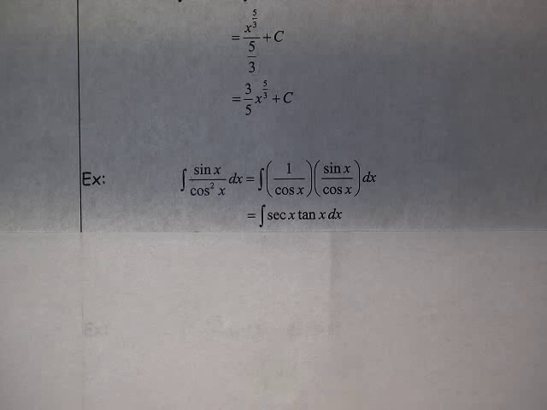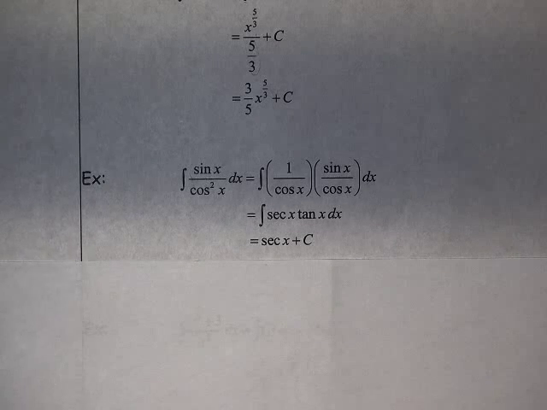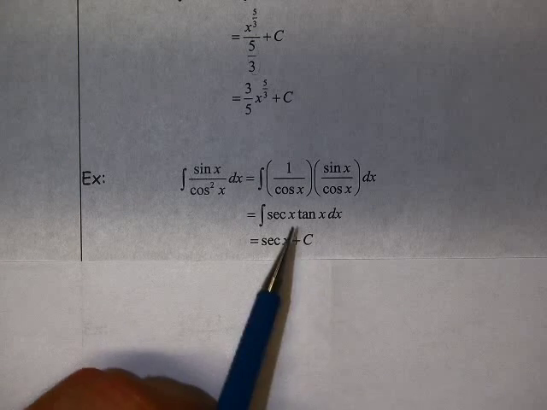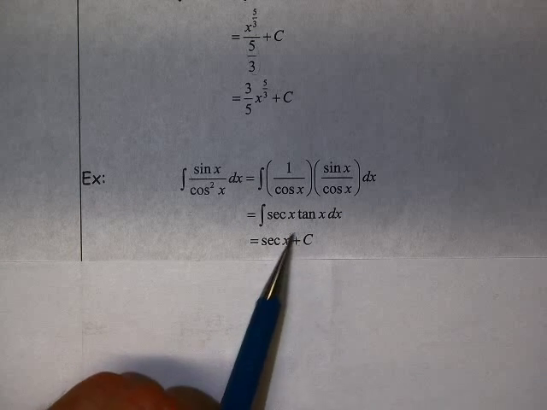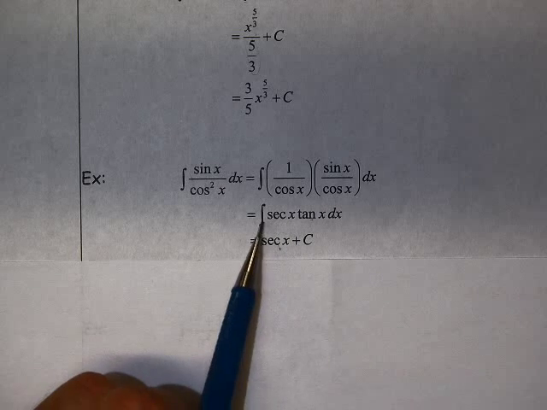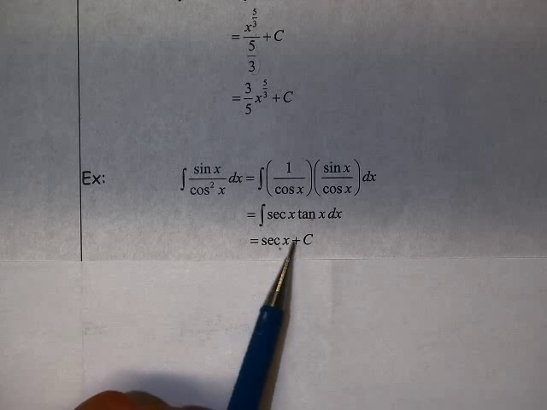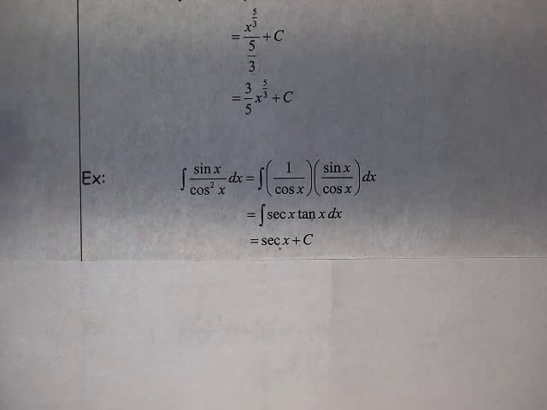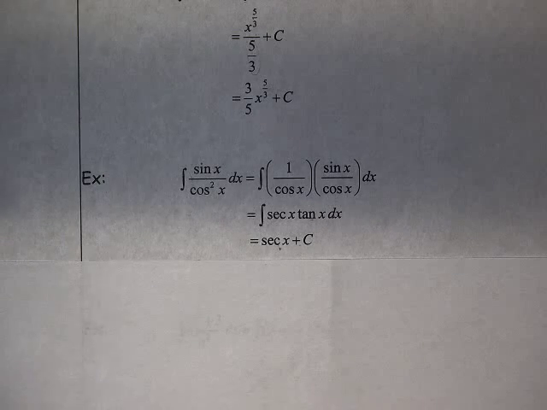Secant x tangent x is the end result when I take the derivative of secant. So the antiderivative of secant x tangent x is secant x. As soon as I take that antiderivative, my integral and the dx disappear, the plus c comes in. That's a constant of integration. I don't know what that is because it's an indefinite integral.